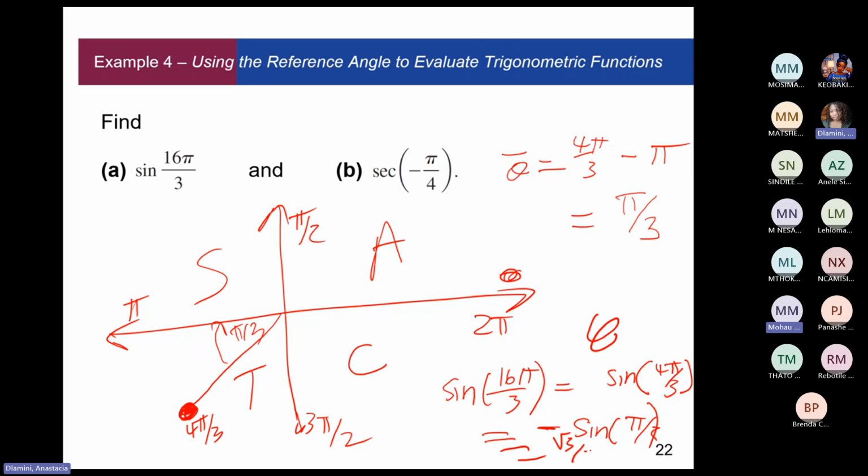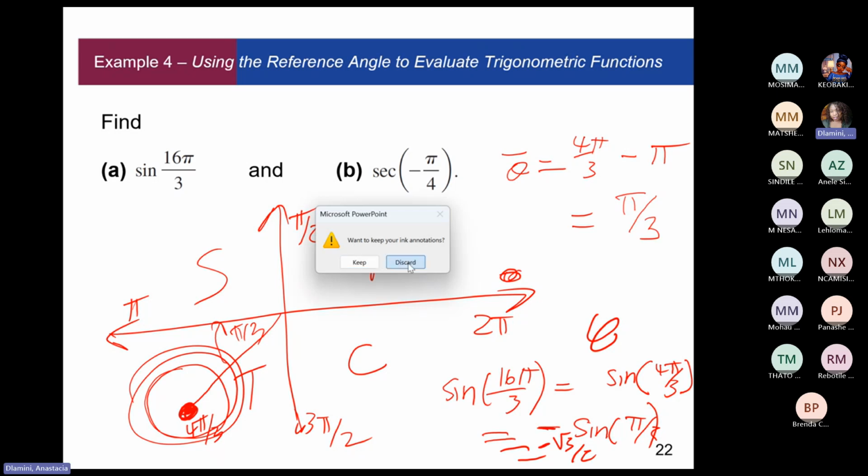So meaning that the answer will be root 3 over 2, but according to our diagram, sine here is negative, which is going to be negative root 3 over 2. Are we all together? Yes, ma'am.